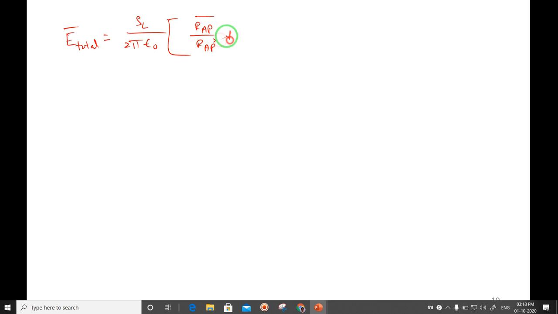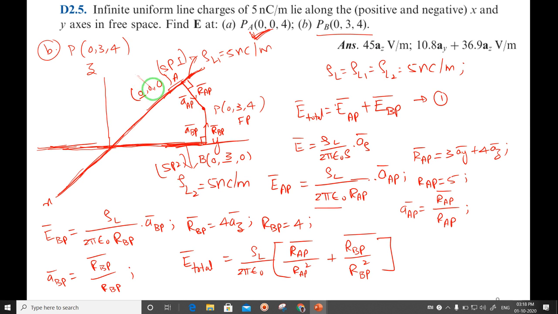So we'll substitute and write. So E total is equal to, let me rewrite it once again. rho_L by 2 pi epsilon naught times, vector R_AP by R_AP square, plus vector R_BP by R_BP square. So we'll substitute. So rho_L is how much? 5 nanocoulomb per meter.